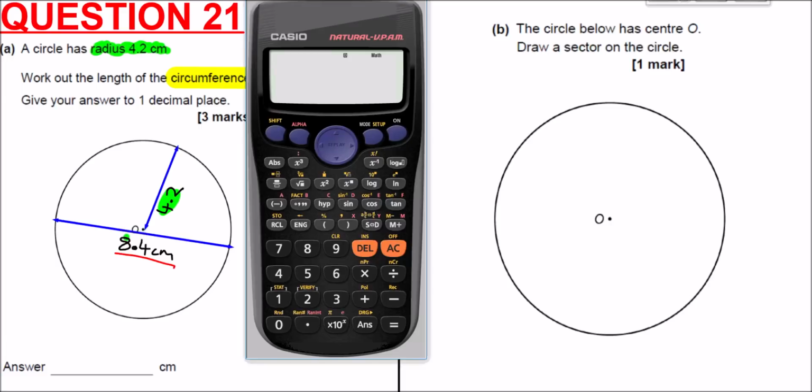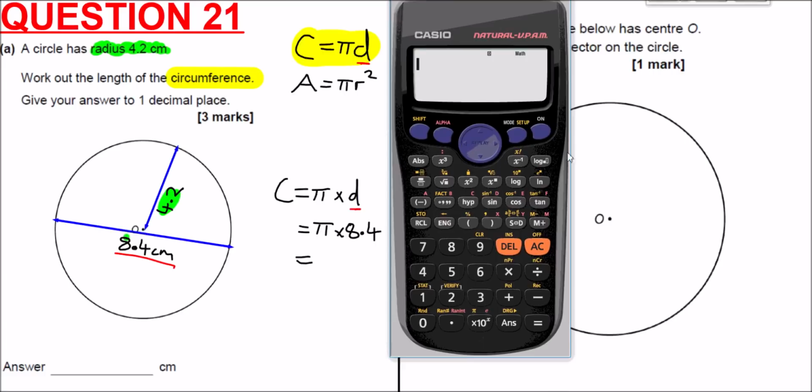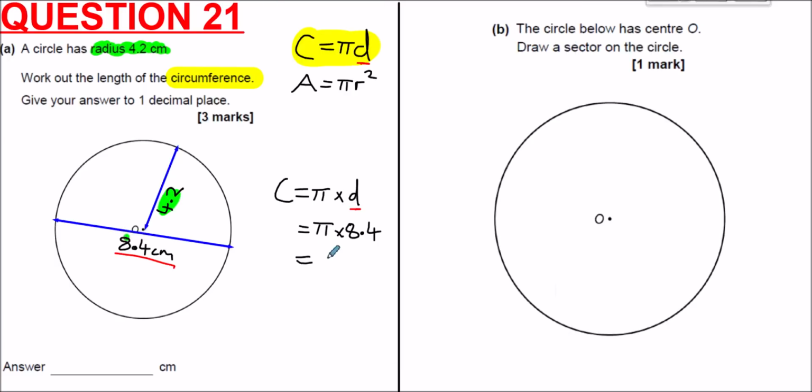So if we just get the calculator and work this out, shift x 10x to get the pi button, multiply by 8.4, and we get an answer in terms of pi. Here we give the answer to one decimal place, so convert to decimal form, and we've got 26.389, and so on and so on.